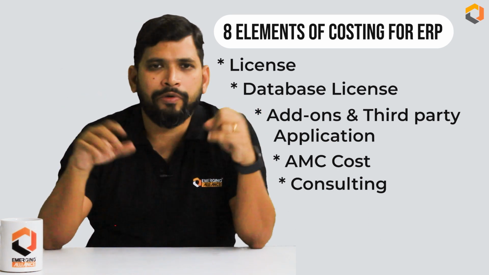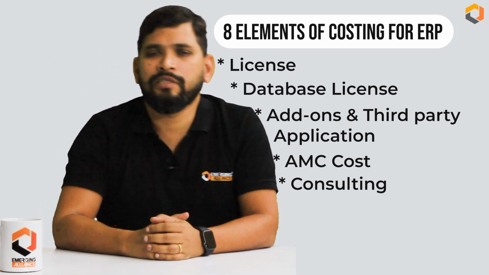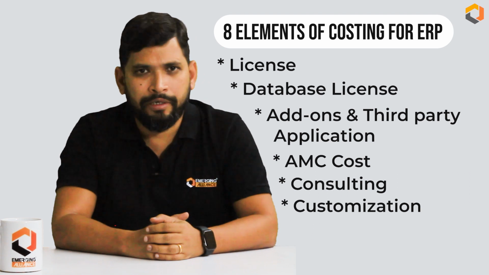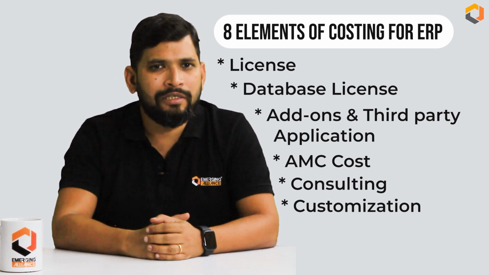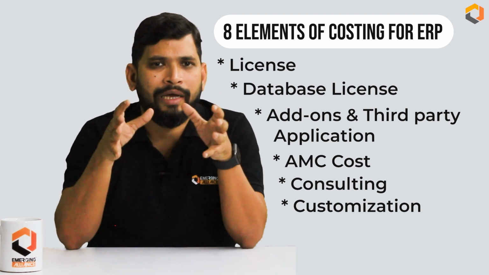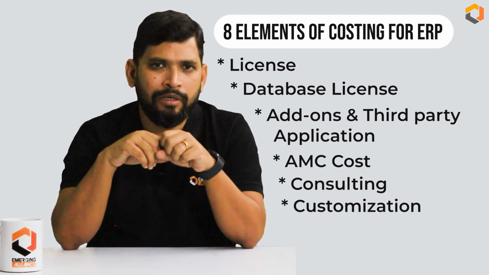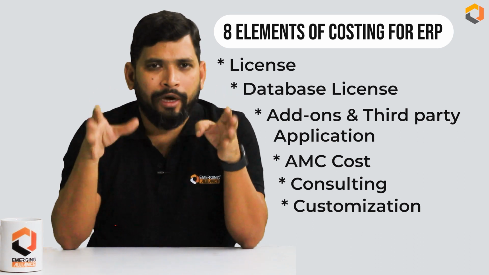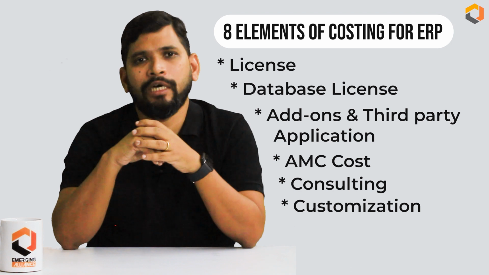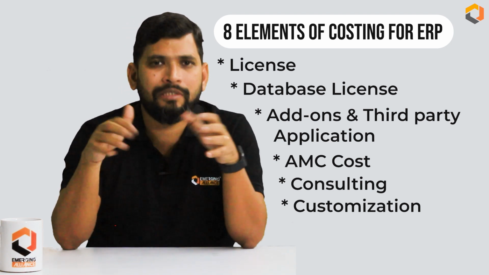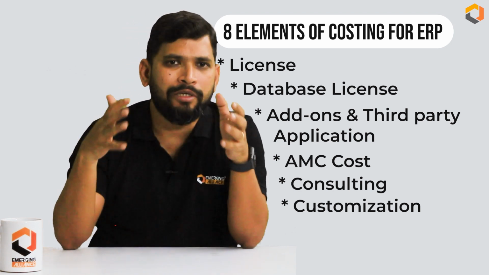The sixth element that we are going to talk about is customization. When you consider an ERP, not necessarily all ERPs will match 100% of your business requirement, in which case you might want certain aspects of your business to be customized in your ERP software. When that happens, you will have to pay a customization charge.